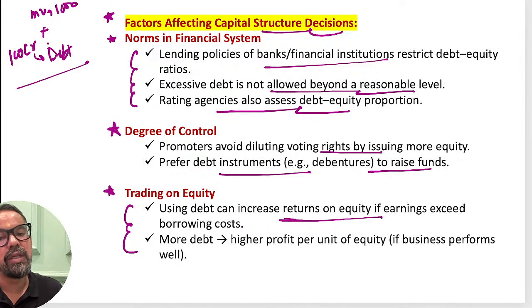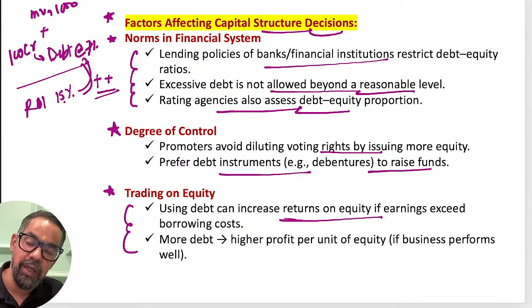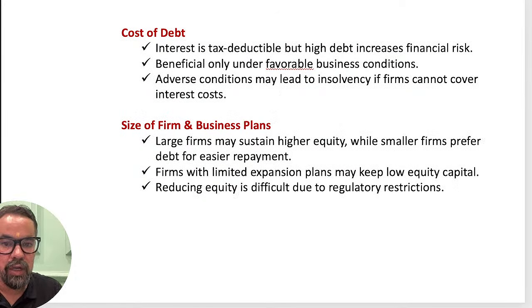Trading on equity means, let's say you have taken this debt at 7% and your ROI, return on investment, is supposed to be 15%. So this contributes toward the increment in the overall return from the equity. So more debt, higher profit per unit of equity, because the business performs well; that is the general assumption.